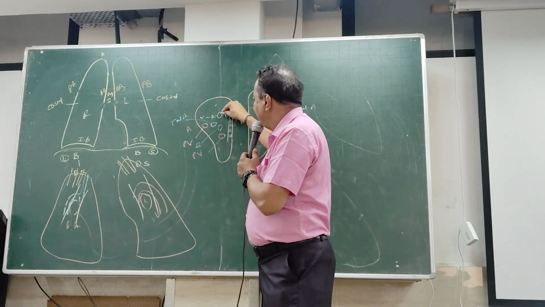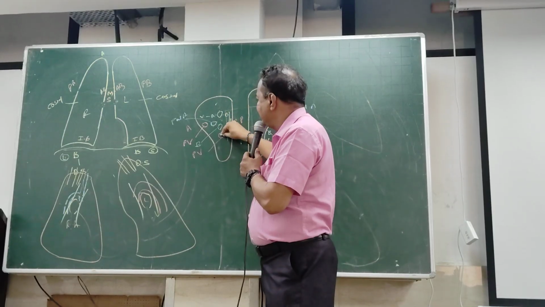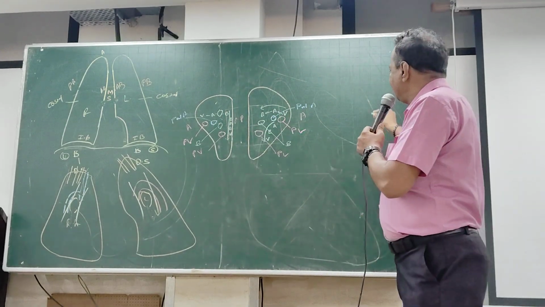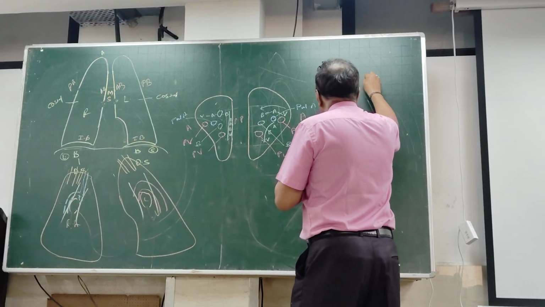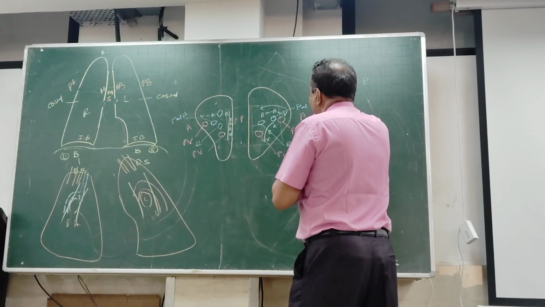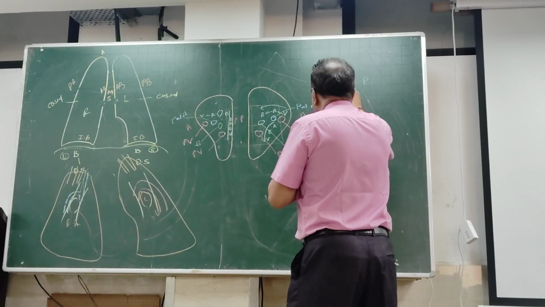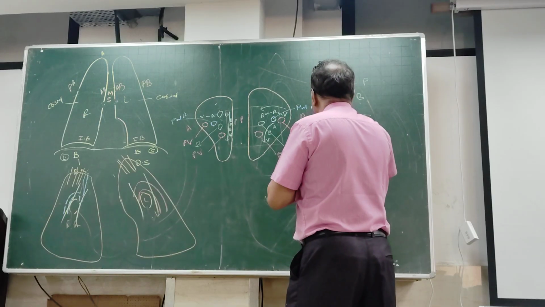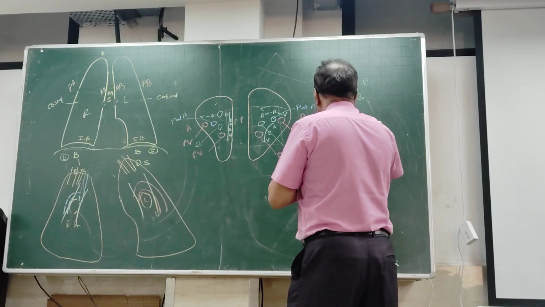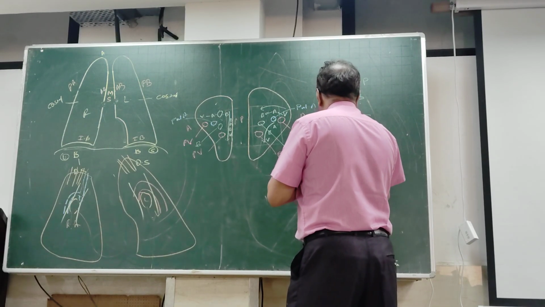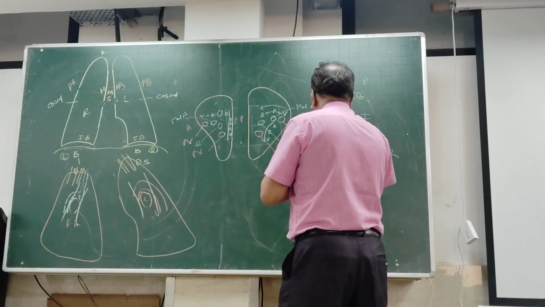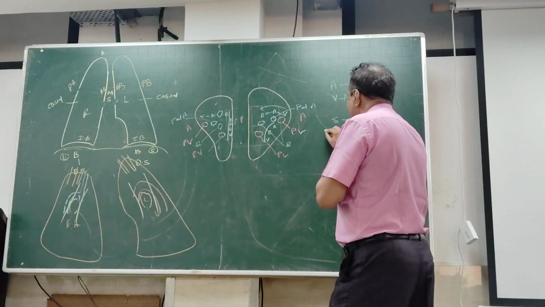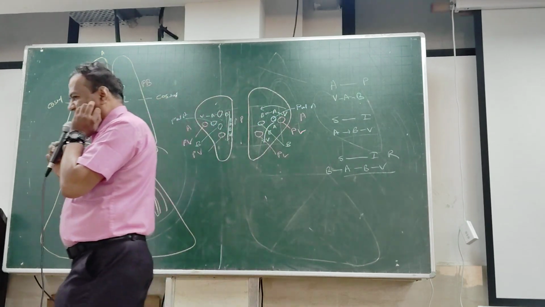In short, anterior to posterior it will be vein, artery, bronchus. Superior to inferior it will be artery, bronchus, vein, but on the right side it will be bronchus, artery, bronchus, vein. So artery, bronchus, vein remains the same, and we add a bronchus in front. Okay?